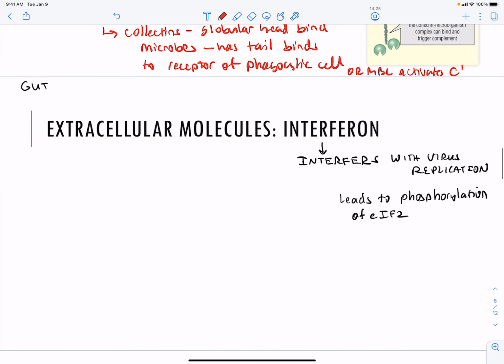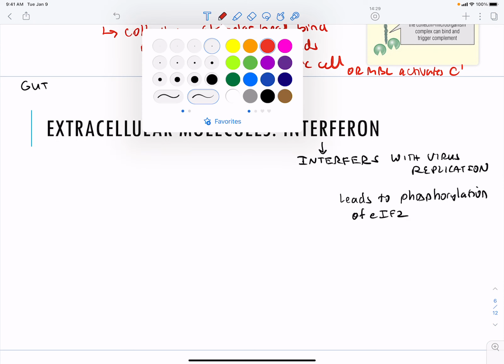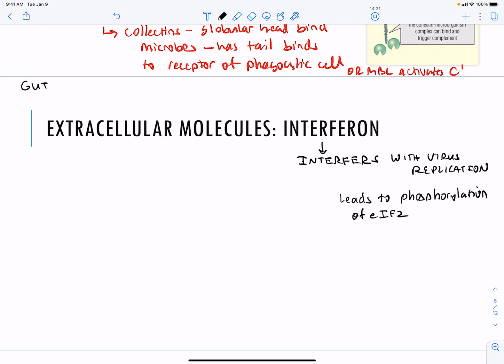And so just to do a side note about the gut, because your book does talk about the gut. The gut, of course, in the stomach has low pH, and most pathogens cannot pass.